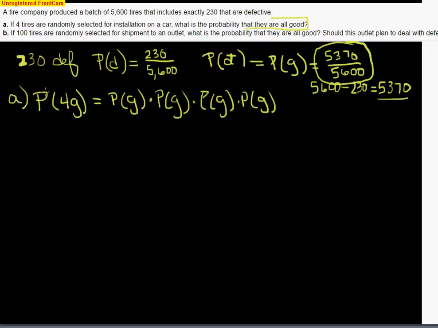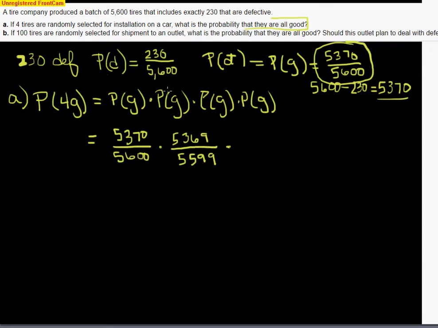Okay, so we're going to start plugging that in. The probability that the first tire is good is going to be that big number, 5,370 divided by 5,600, times. Now, what's the probability the second one is good? We have no replacement here. We're buying 4 tires for our car, so there's one less tire that's good. It's going to be 5,369 tires left that are good out of a total possible 5,599 tires remaining.